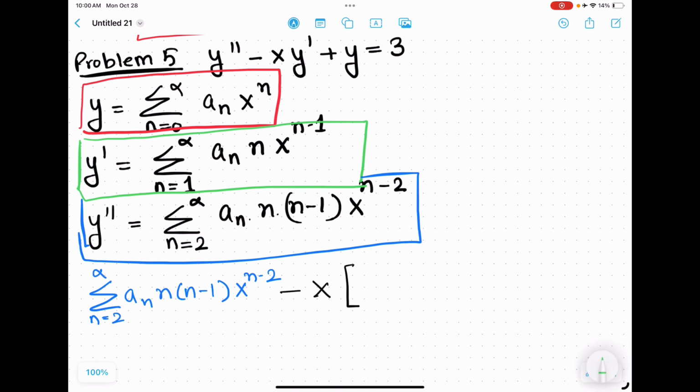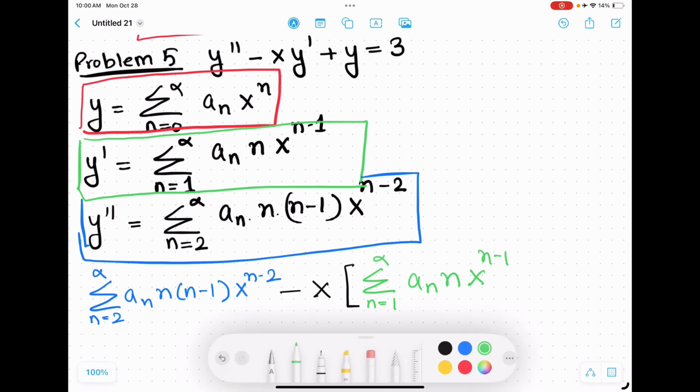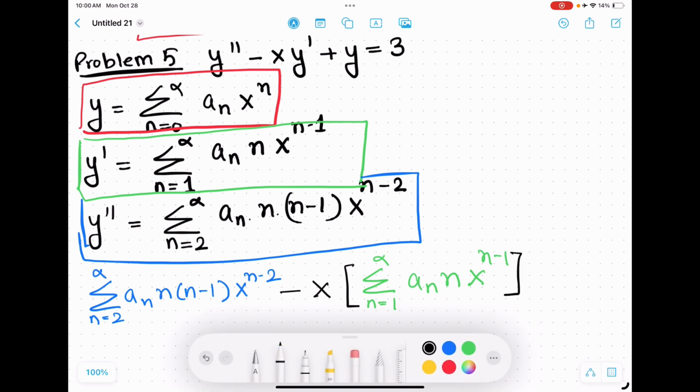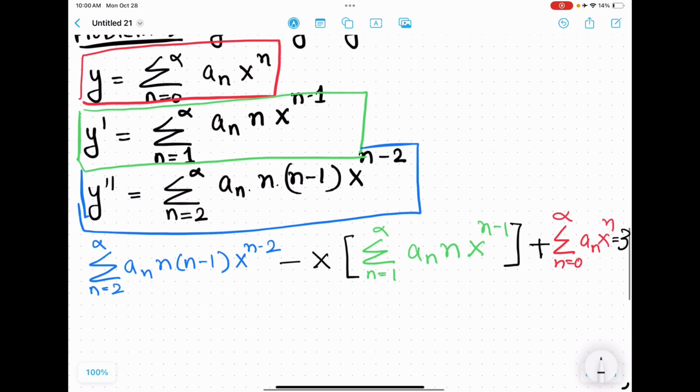So now the green letters, so from 1 to infinity, a sub n times x to the power n minus 1. And then I have my plus y function, which is in red, to infinity, then a sub n x to the power n equals 3. Let's not forget the 3.